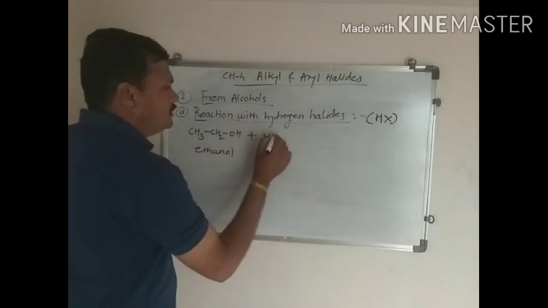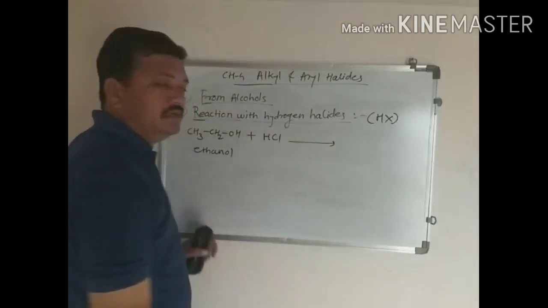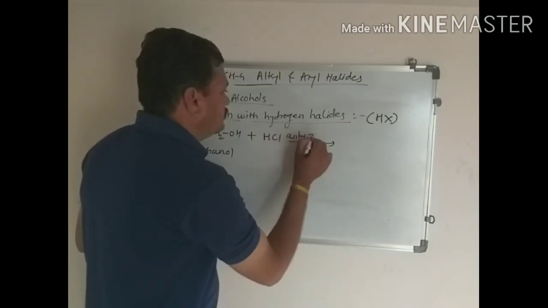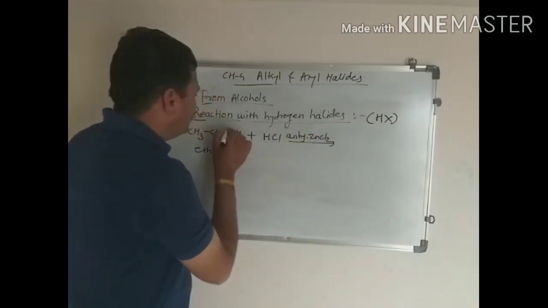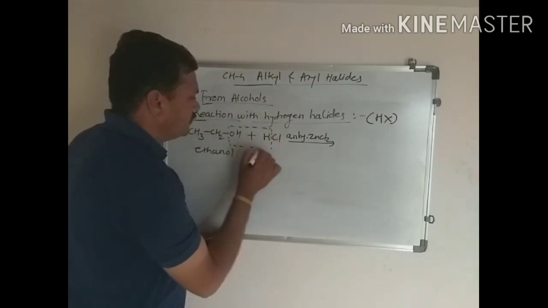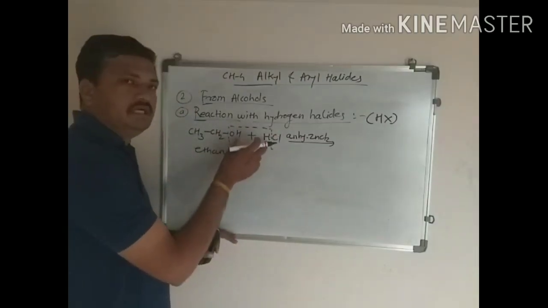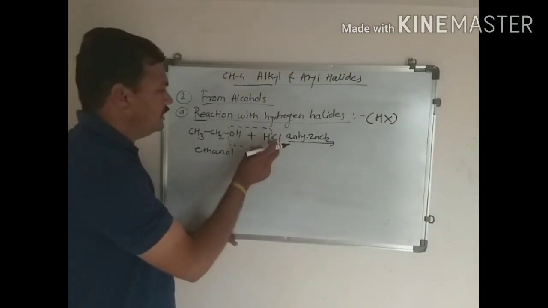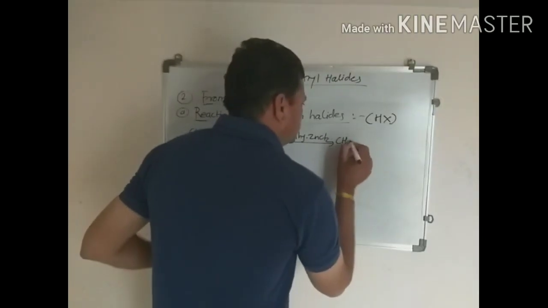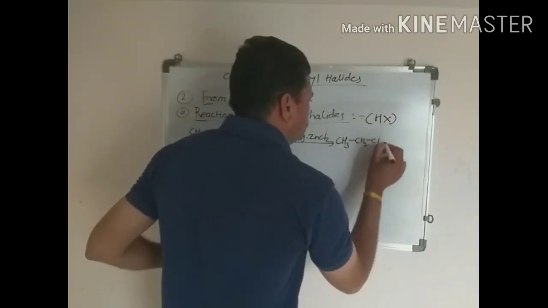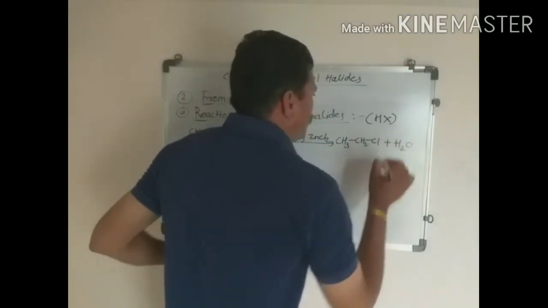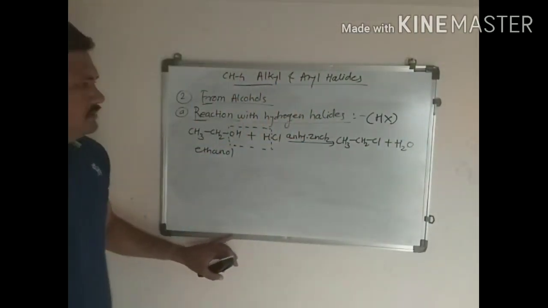When treated with HCl, hydrochloric acid, in the presence of anhydrous ZnCl2, a dehydration reaction takes place, that means removal of a water molecule. This water molecule is removed, and the chlorine atom attaches to this carbon atom, and we get the product CH3 CH2Cl plus H2O as the byproduct.